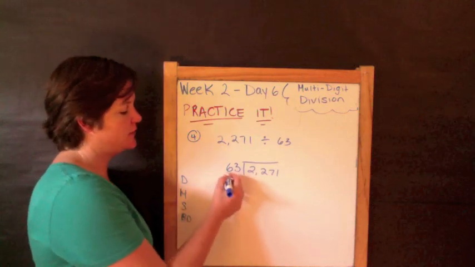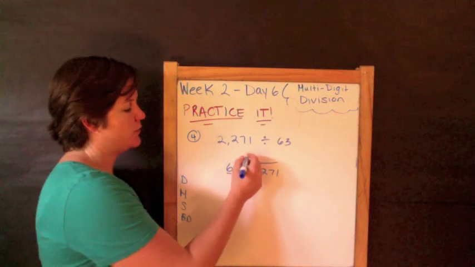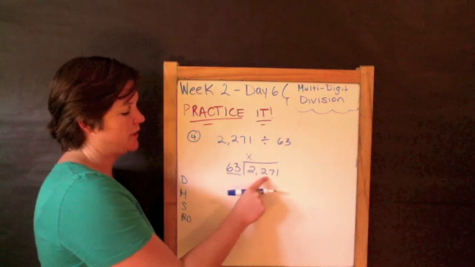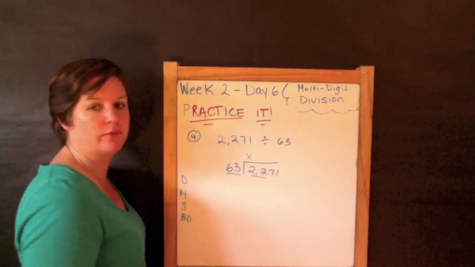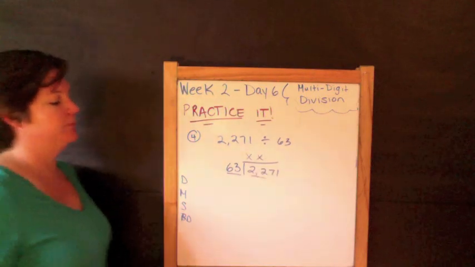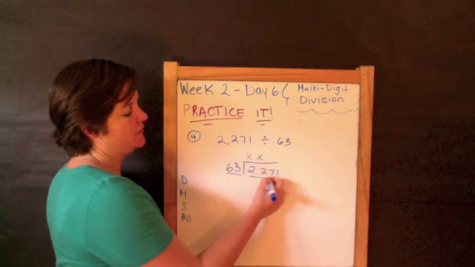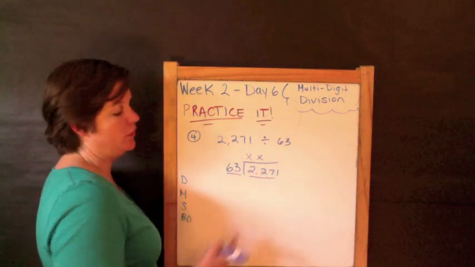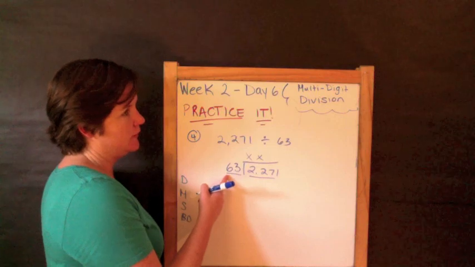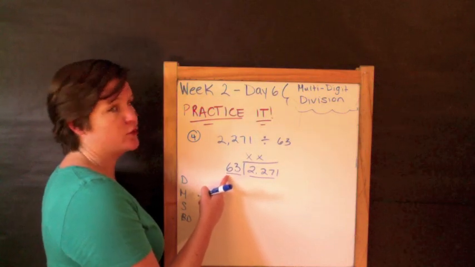So how many times does 63 go into 2? It can't. That's too small. About how many times can it go into 22? It can't. 22 is too small. It's smaller than 63. So about how many times can it go into 227? Well, 60 times 3 is 180, and 60 times 4 is 240.